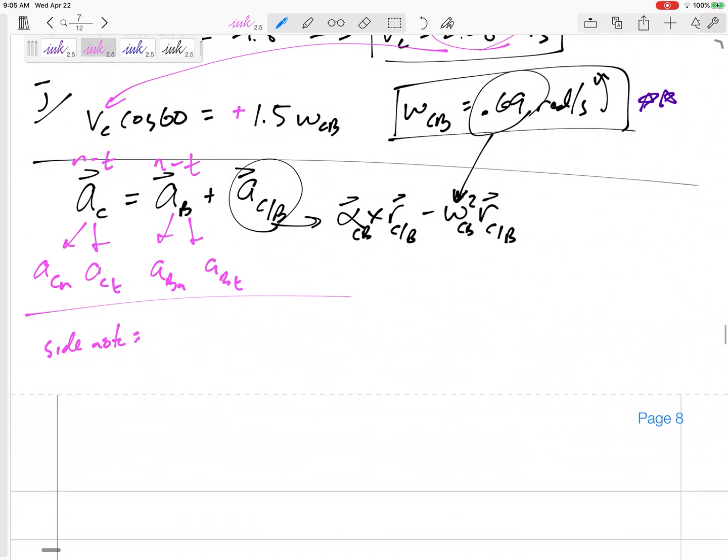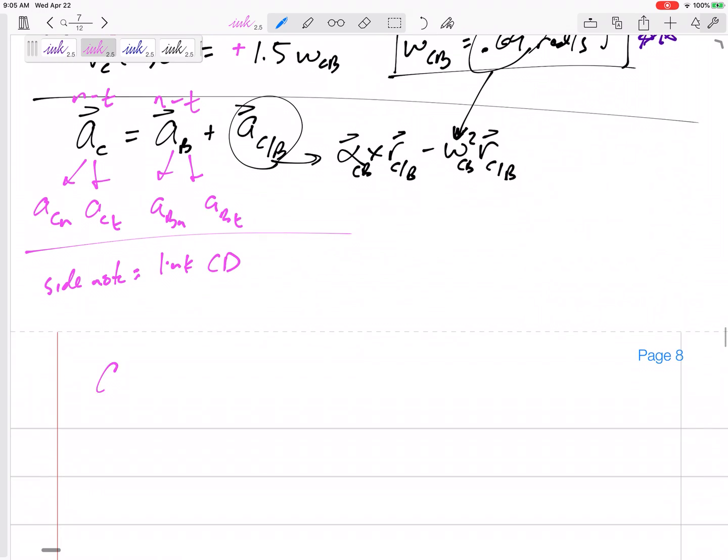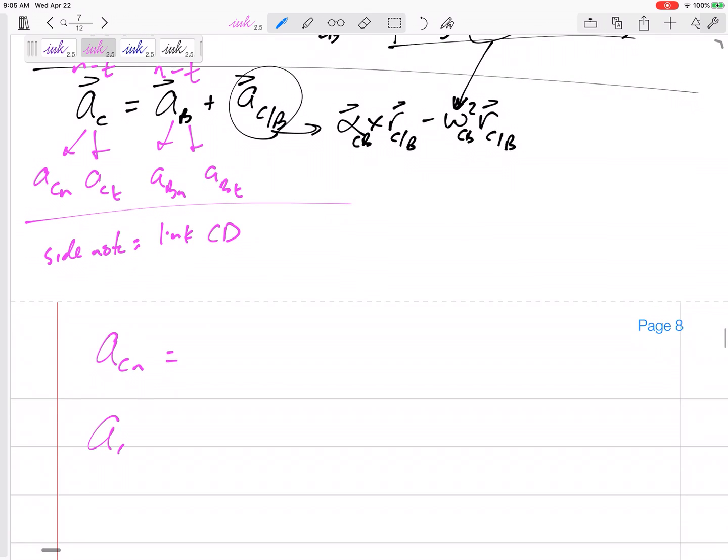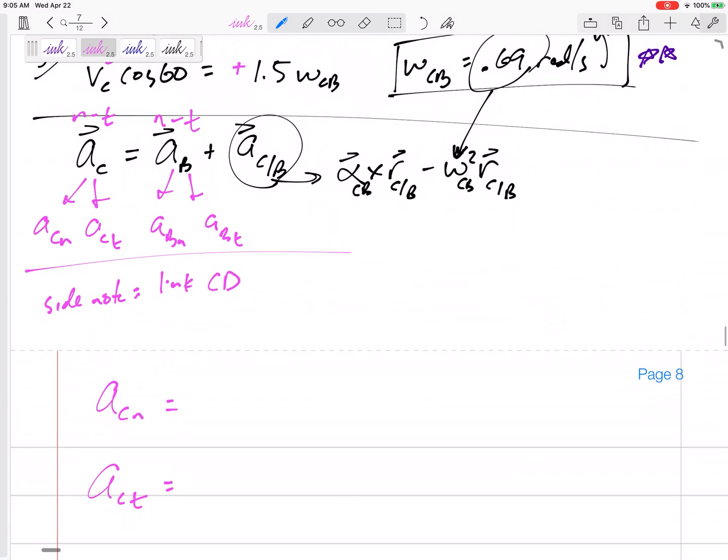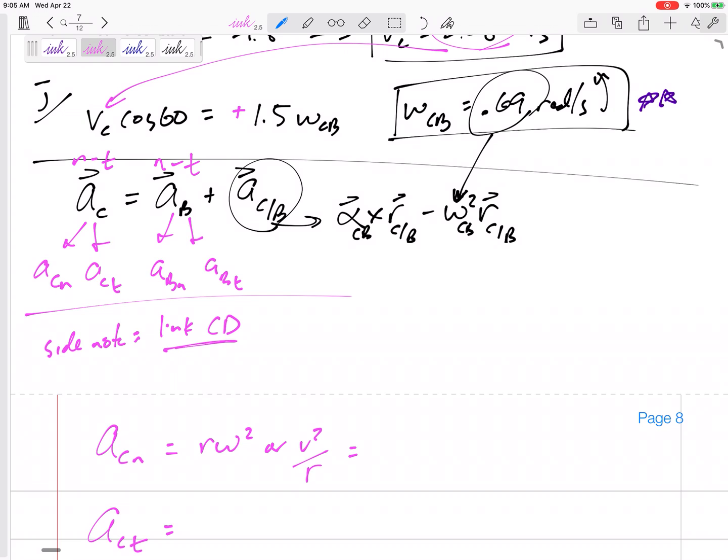All right, looking at link CD, let's think about AC normal and AC tangential. AC normal is either R omega squared or V squared over R. Again, I'm looking at link CD, so this is R of CD, omega of CD.